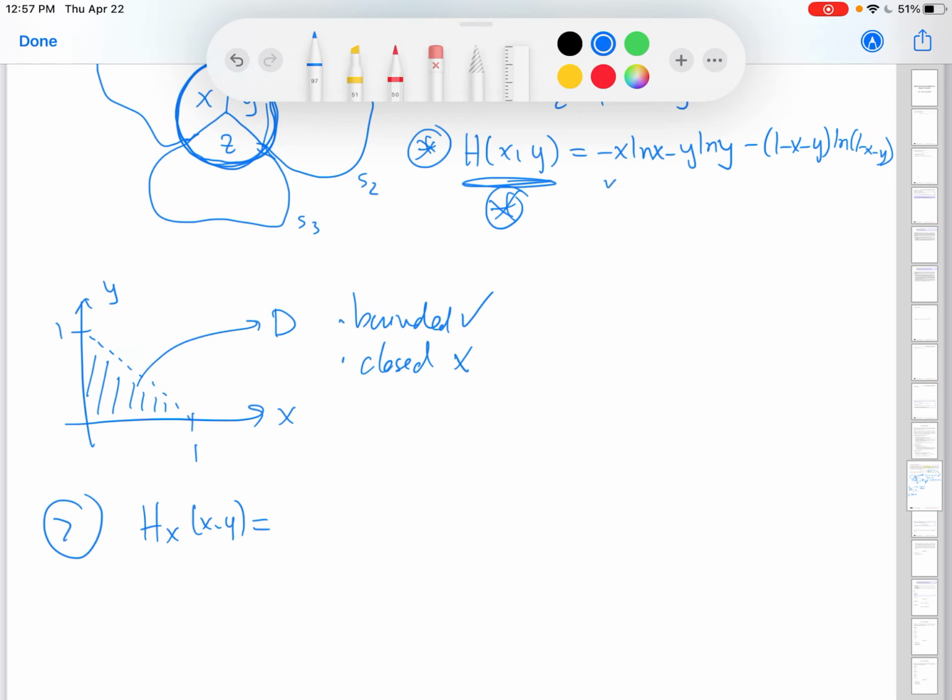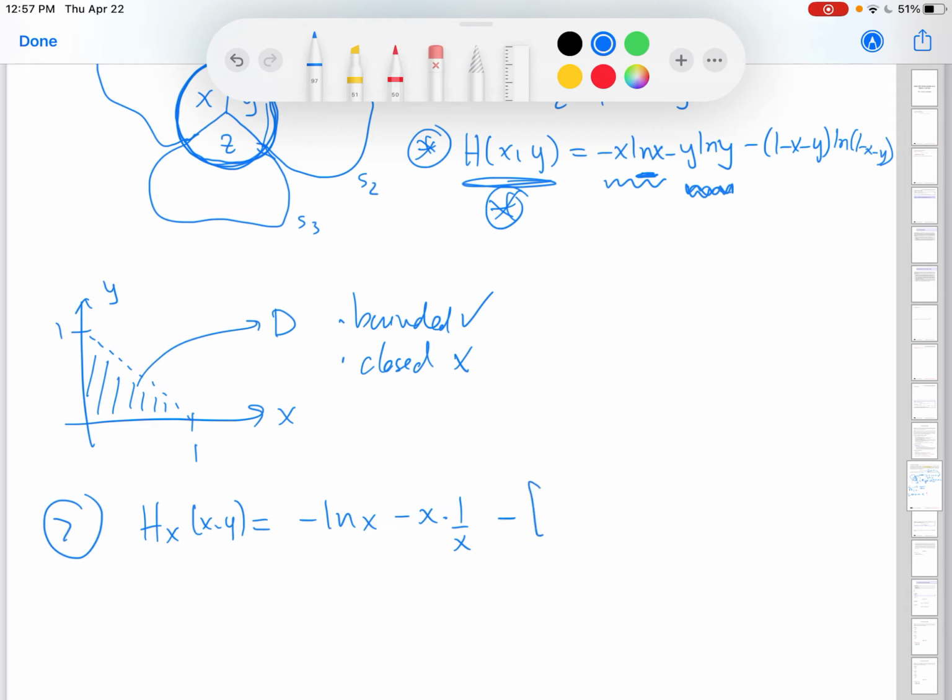So here I'm going to have to do a product rule. Derivative of the first, derivative of x is 1, times the second, plus the first times the derivative of the second. Remember the derivative of ln of x is 1 over x. This up here is a function of y. Partial with respect to x is 0.